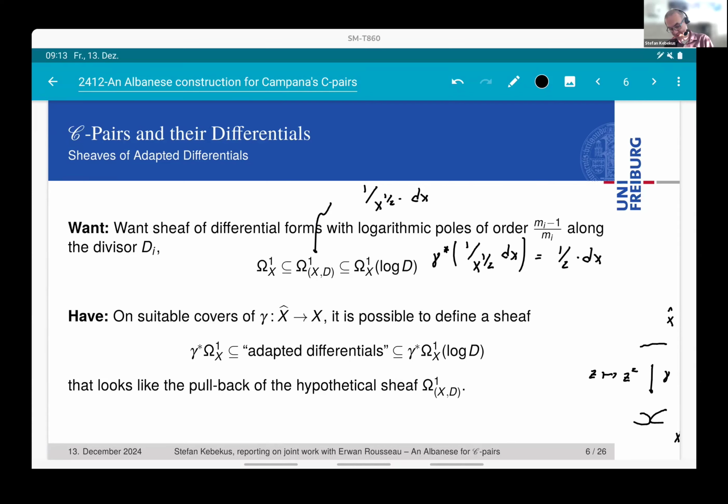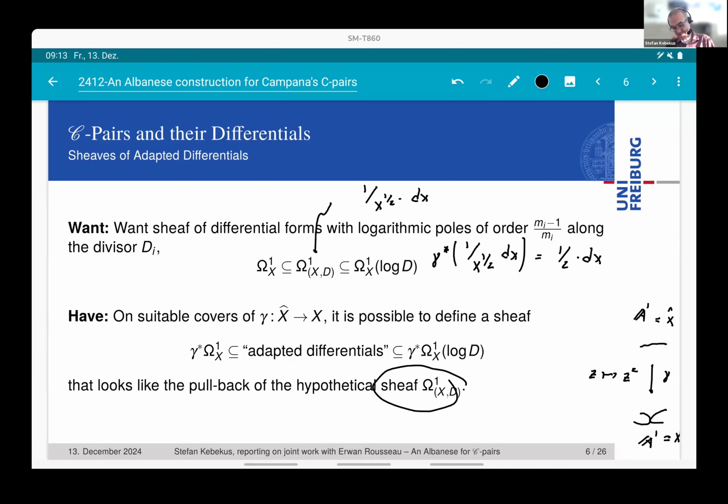So for this simple case where I have A1 covering A1, a sheaf that looks like the pullback of our hypothetical sheaf would simply be the sheaf of all differentials on X hat.